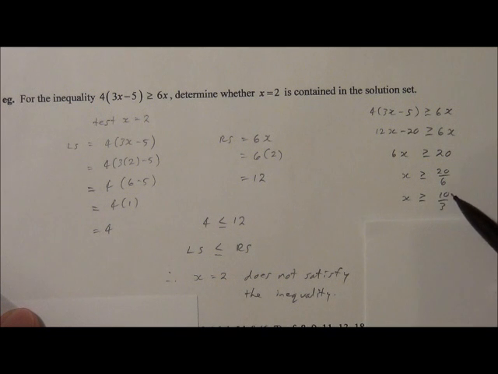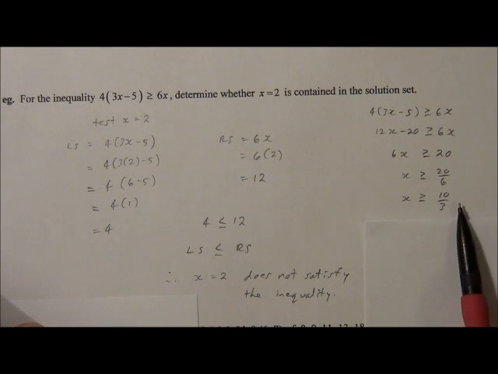So x is greater than or equal to 10 thirds, which is 3 and a third. And 2 is not greater than 3 and a third. It's not in that range of x values. So that further proves that x equals 2 will not satisfy the inequality.